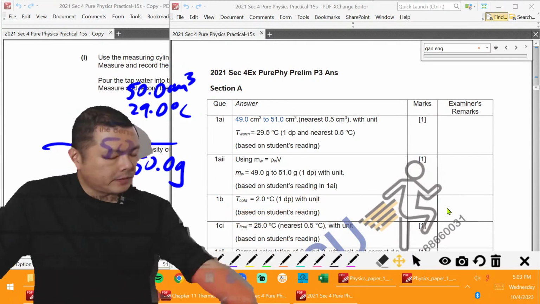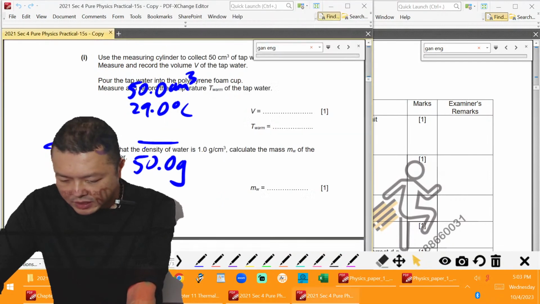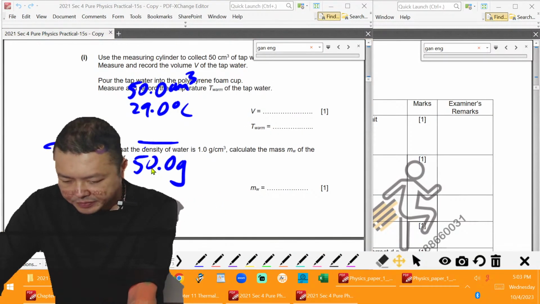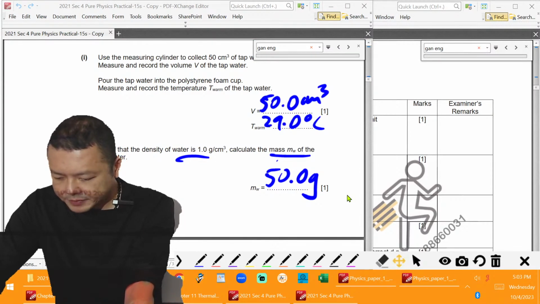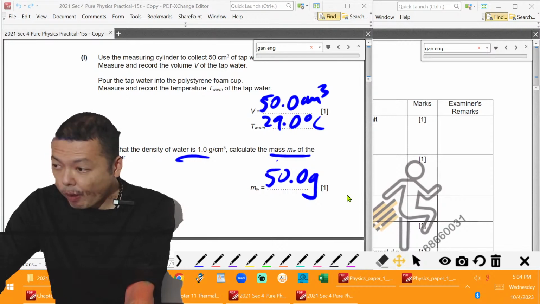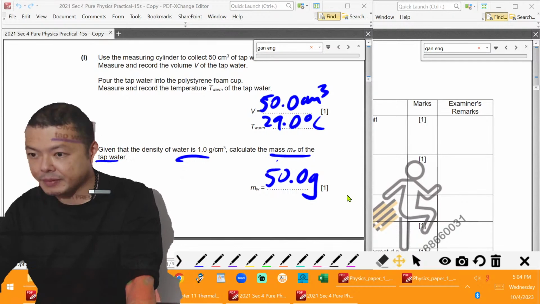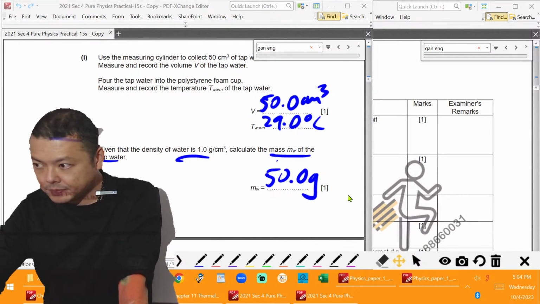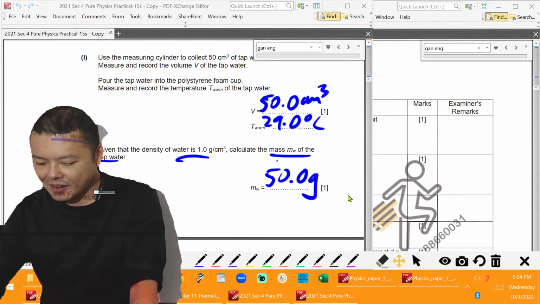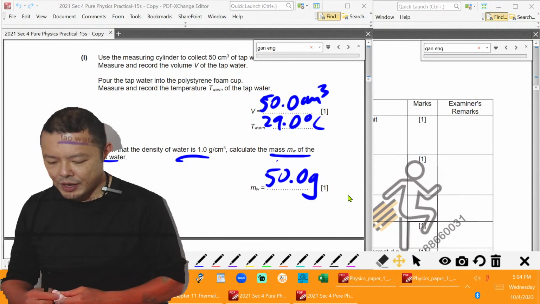I think the reason is because the precision is given in the density already. So it's a bit worrying. Which one should you do? Apparently, as long as it's 2 to 3SF, it's okay.